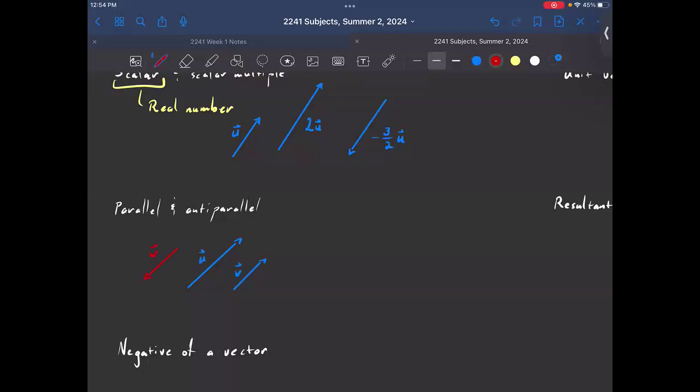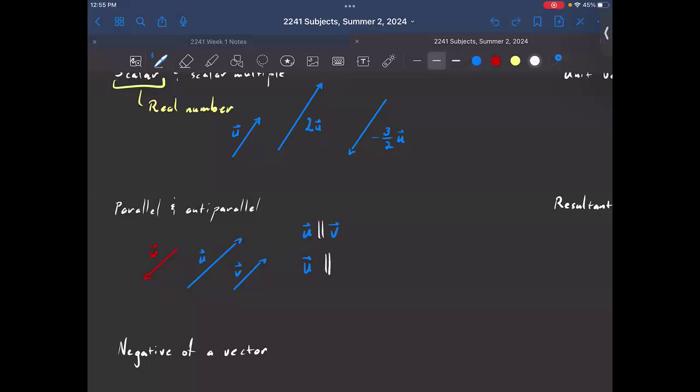We say that u and v are parallel, and we can write this symbol, a little double bar in between them, and u and w are anti-parallel.